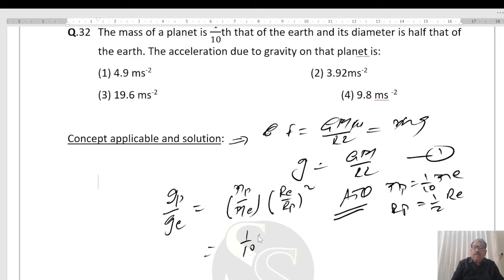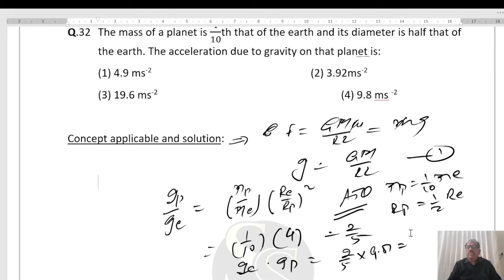So 1 by 10 into this, which comes out to be 4, right? This comes out to 2 by 5. g planet comes out to be 2 by 5 into 9.8. On simplification, we get 3.92 meter per second square. The correct answer is 3.92.